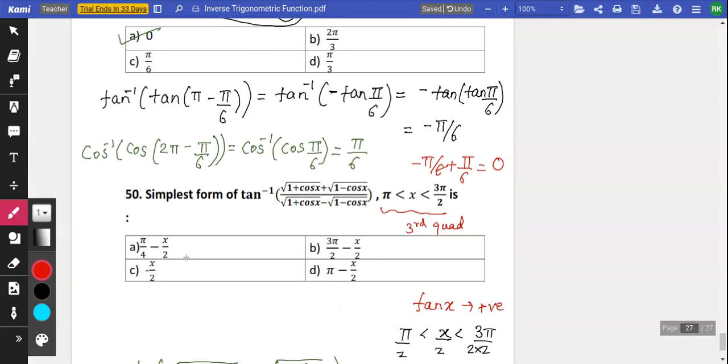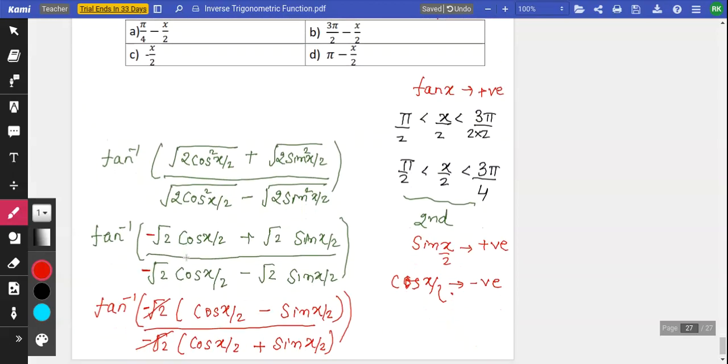Now in the next step, we divide numerator and denominator by cos x by 2. It becomes tan inverse of 1 minus tan x by 2 upon 1 plus tan x by 2.